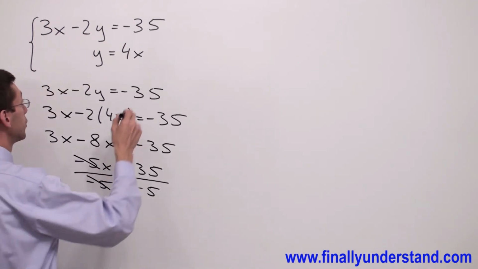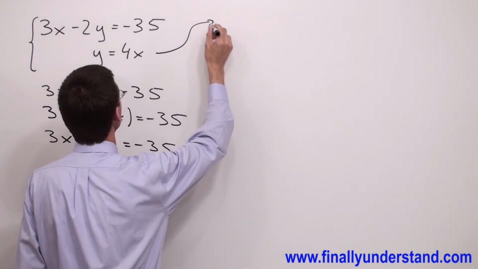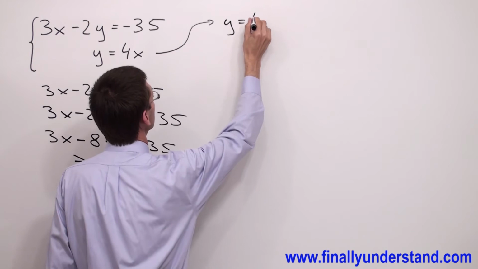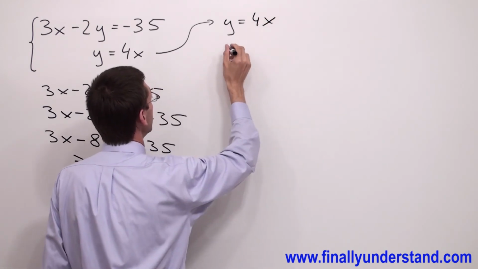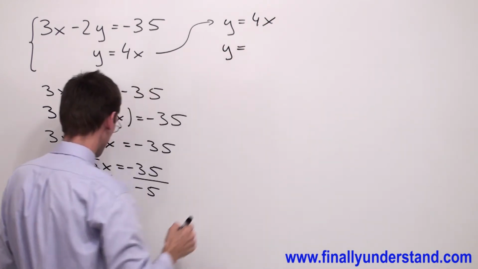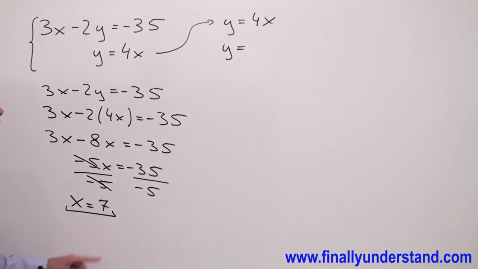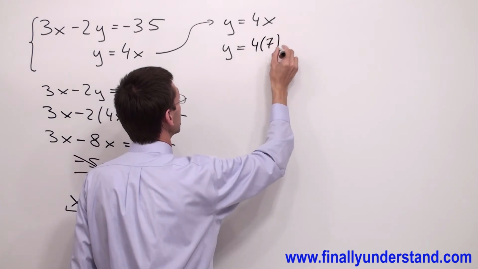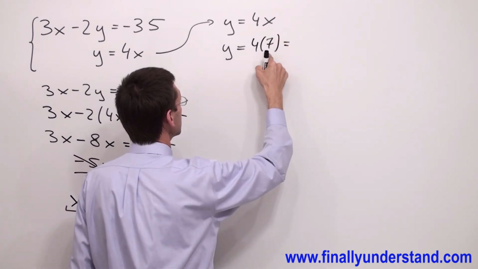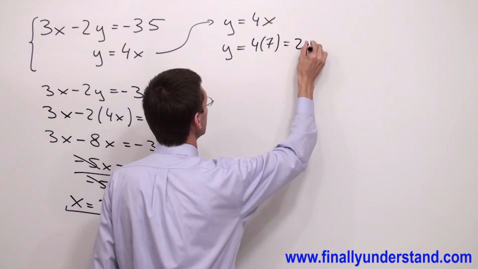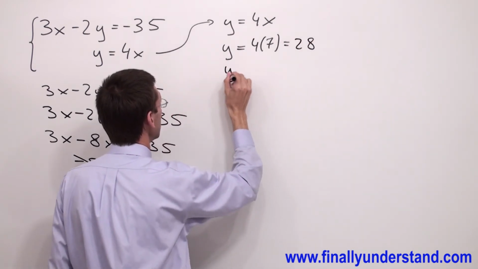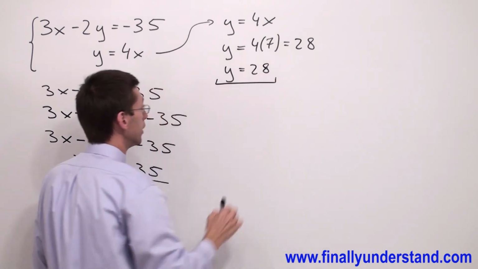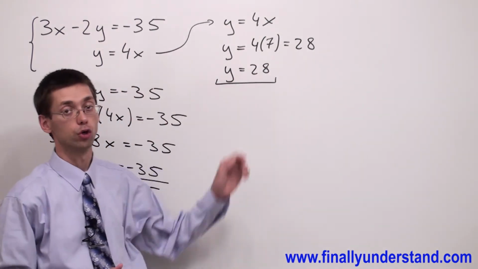So what I'm going to do, I'm going to just copy this equation and write y equals 4x, and instead of x I'm supposed to write 7, and I have 4 times 7. 4 times 7 is equal to 28. Y equals 28, and this is my y coordinate.